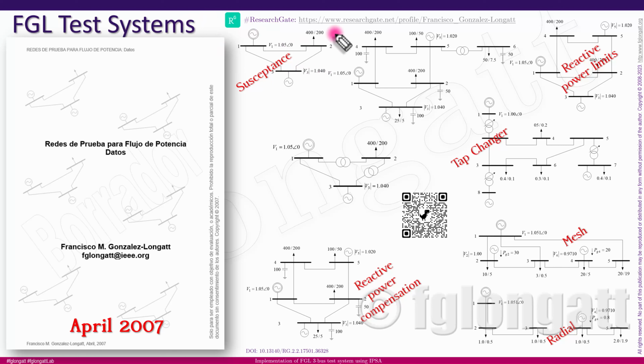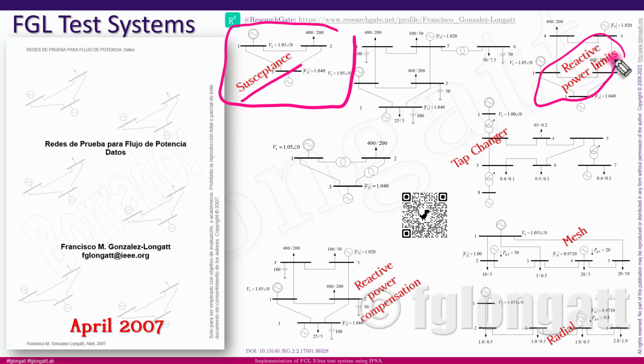You can see that from time to time the topology is very simple, a single voltage level, but in this case what we want to do, for instance, is to include the capacitive susceptance of the transmission lines. In other networks, a step forward, I started to include reactive power limits.